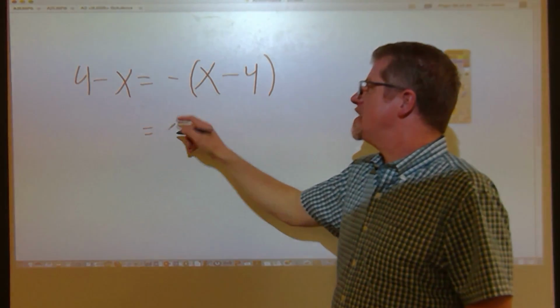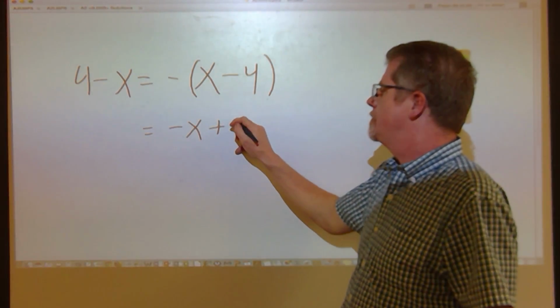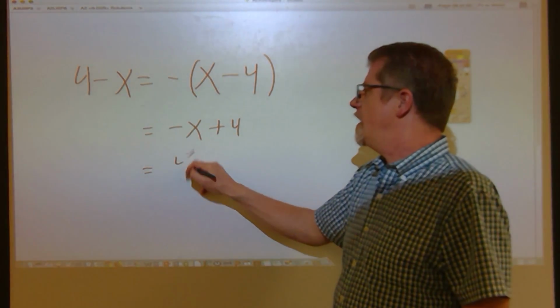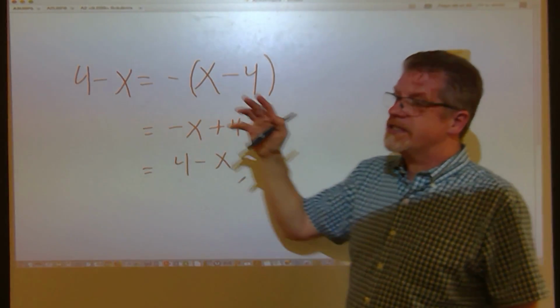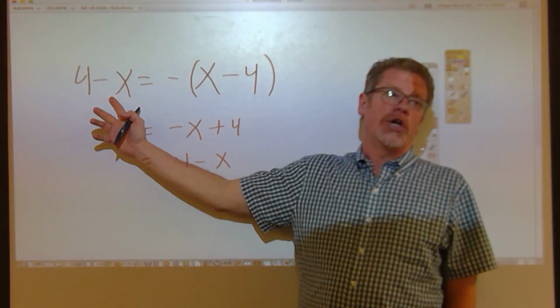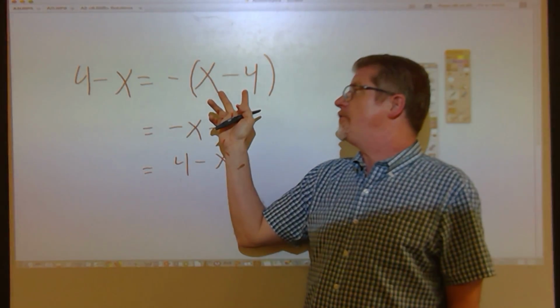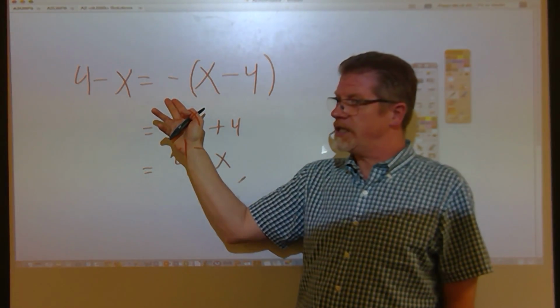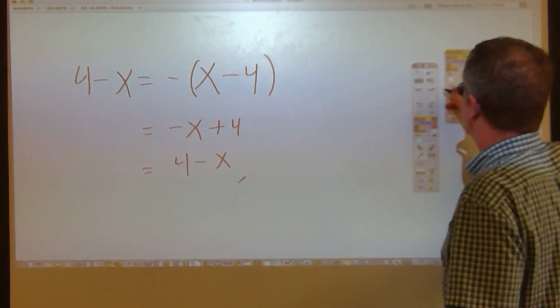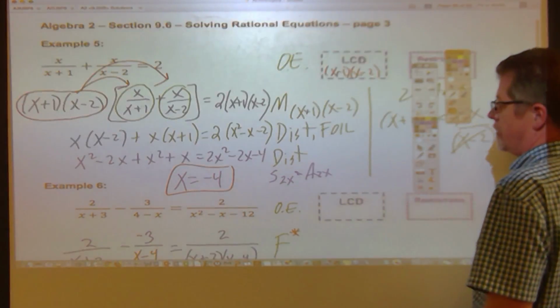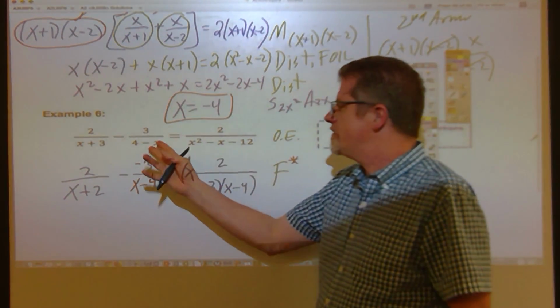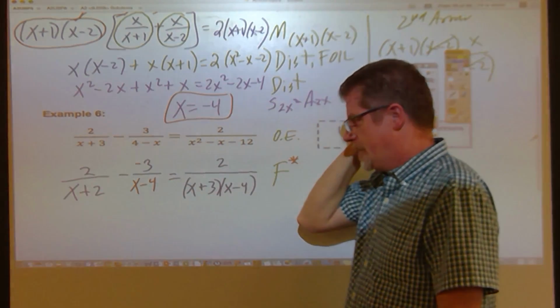Well, look at this. When you distribute the negative 1, you get 4 minus x. So every time you see a 4 minus x, you can replace it with x minus 4 as long as you multiply it by negative 1. And that's what the red star is referring to. It's a little bit of a change. I mean, think about it.